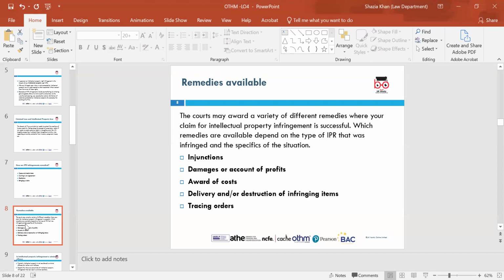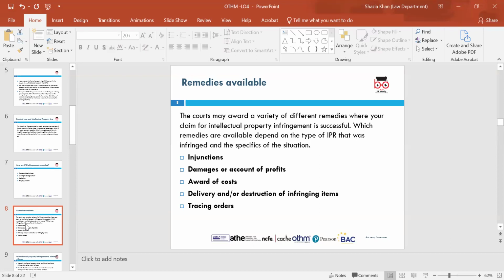So first one on the list is injunctions. An injunction is the most common remedy for all intellectual property infringements. Injunctions are court orders that require named individuals to refrain from doing certain specified acts, and in the case of intellectual property, using the intellectual property right owner's intellectual property. Injunctions can take the form of perpetual injunctions or interim injunctions.